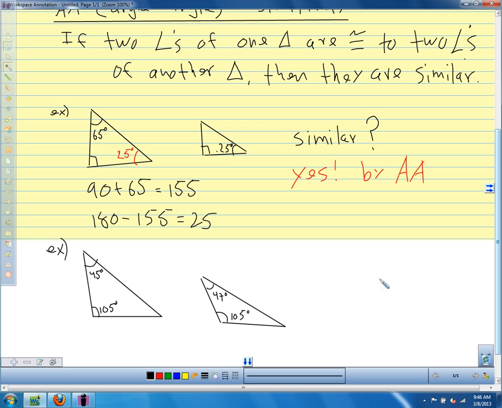And that's 47. So would these two be similar? These two aren't congruent, these two are congruent. And is this missing angle going to be 45 degrees? No. And this missing angle isn't going to be 47. So our answer here would be no. So they're not similar. We have to have two angles that match up exactly for them to be similar.